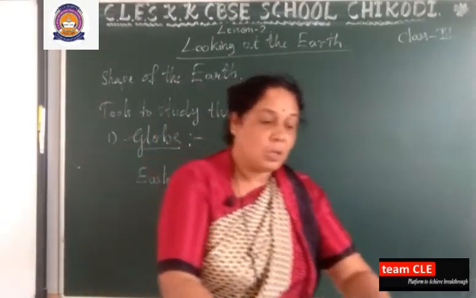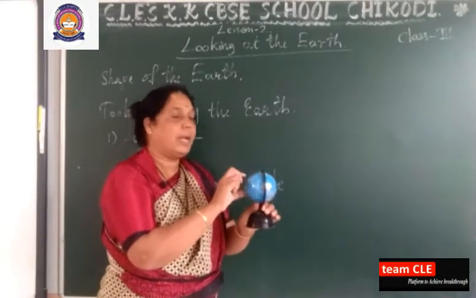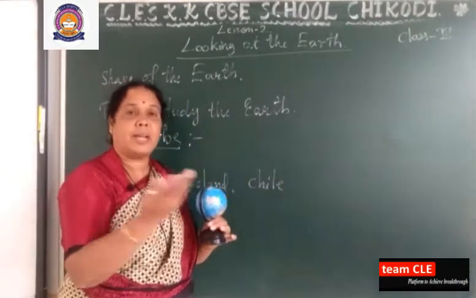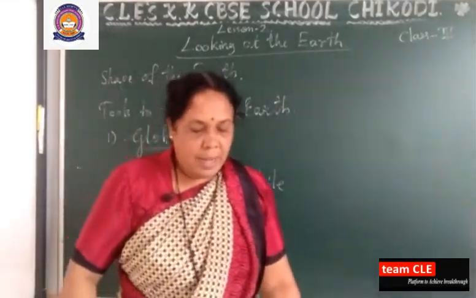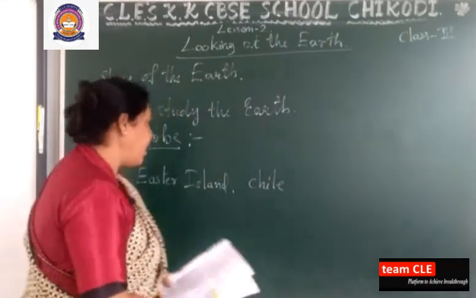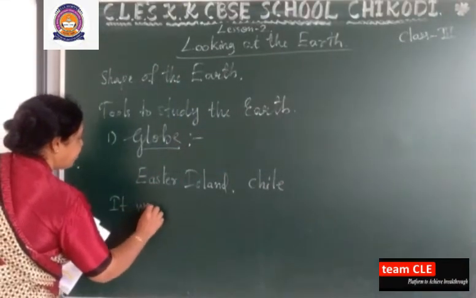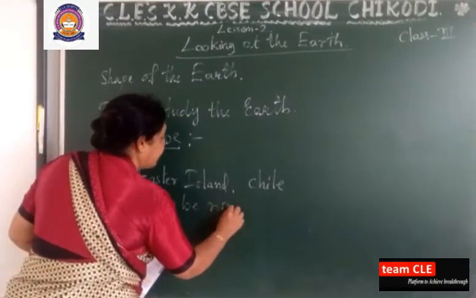Understand student? So in this way, if we see on the globe, India has daytime, and what about the opposite side? The opposite side is night time. Okay dear student, it would be night time in that country. That answer should be written here. It would be night time.